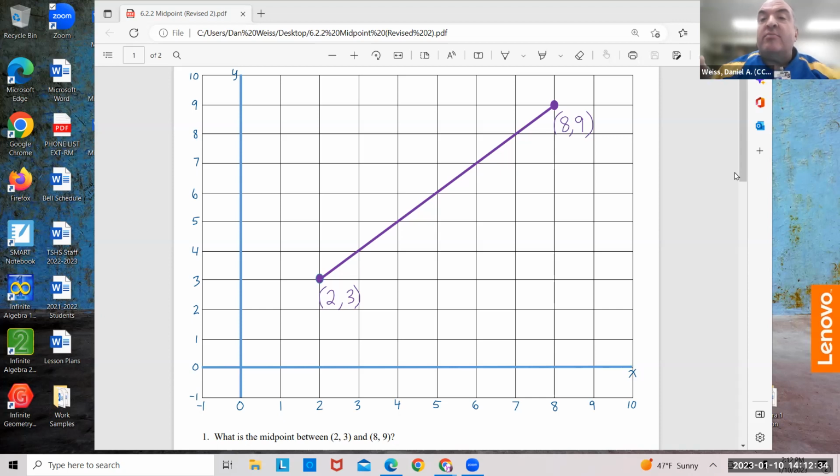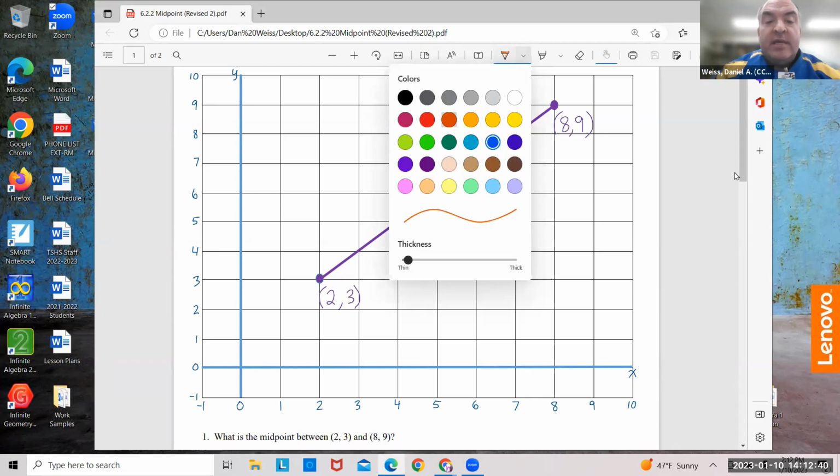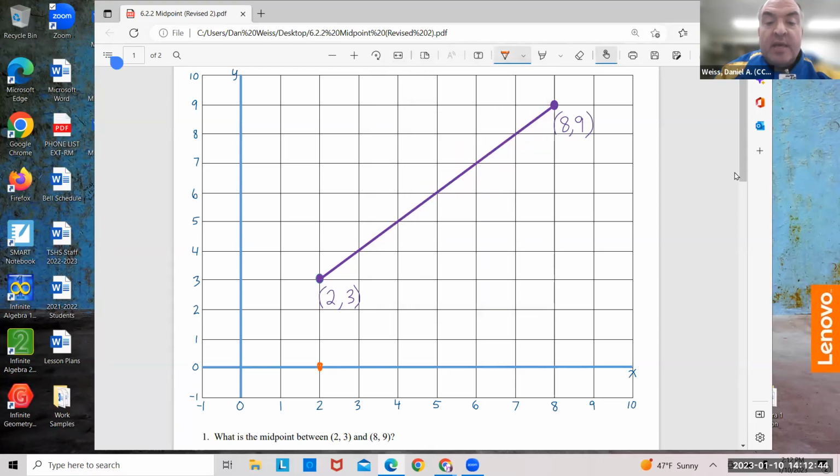So first, I'm going to say to you this. 2 is right here, and 8 is right here, right? So what's the middle of 2 and 8, right?